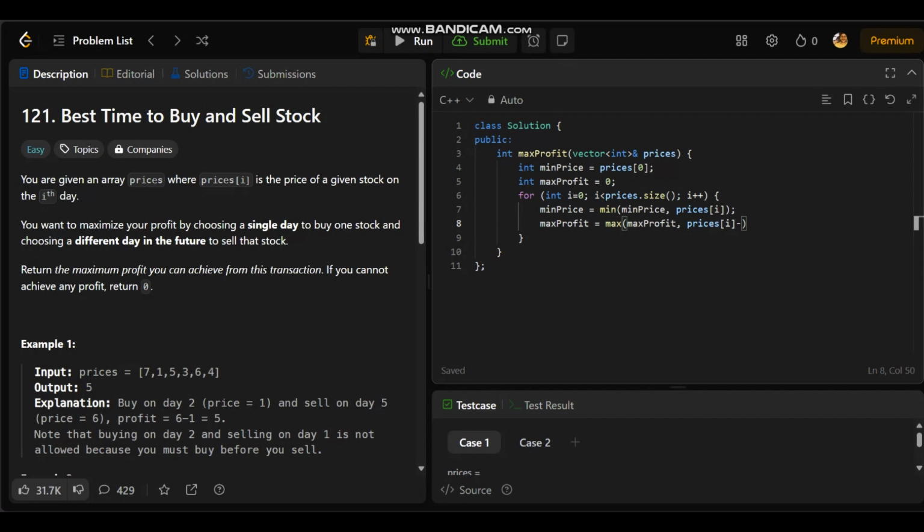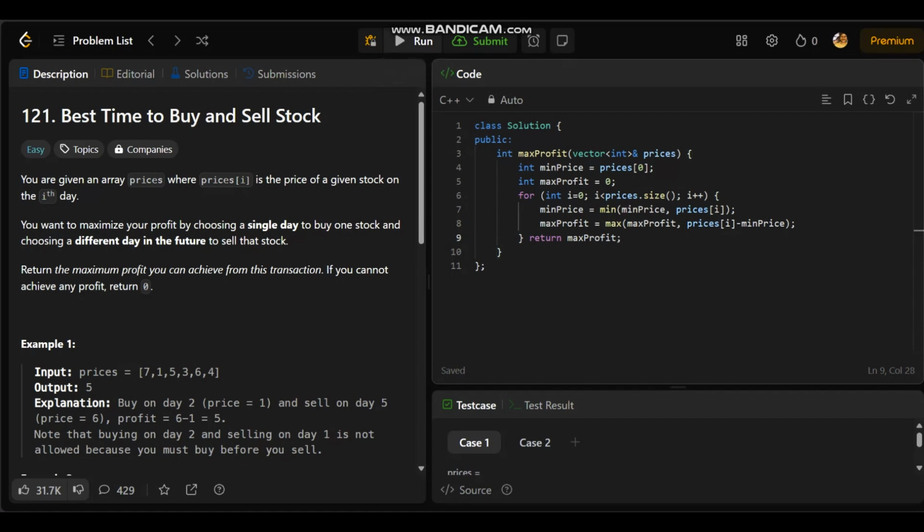When did we buy? We bought at the minimum price, where the price was minimum. So subtract the minimum price. That will take care of it, and we are going to simply return the maximum profit.